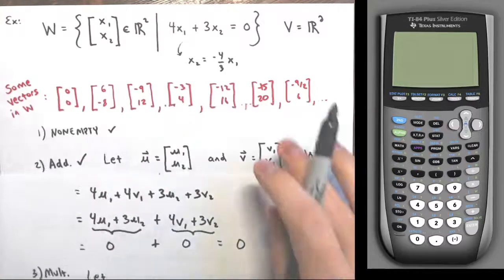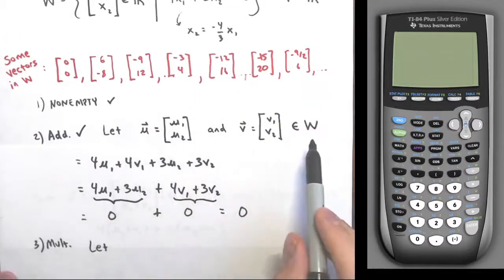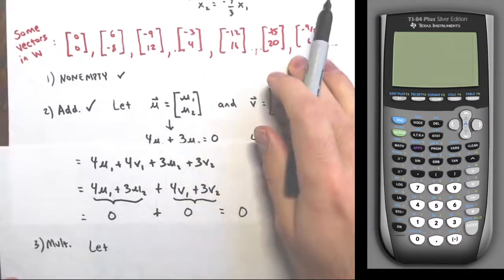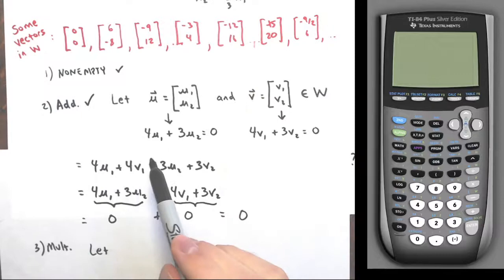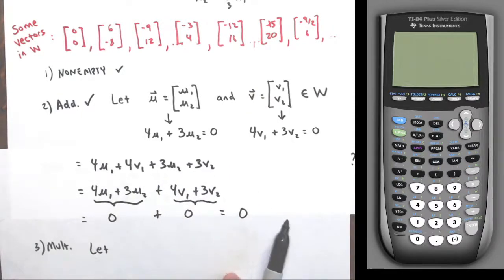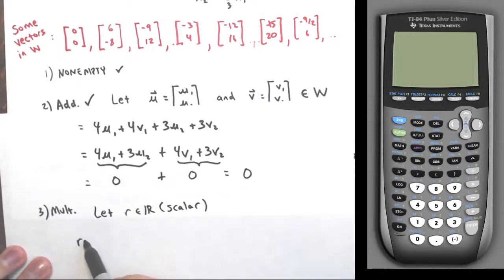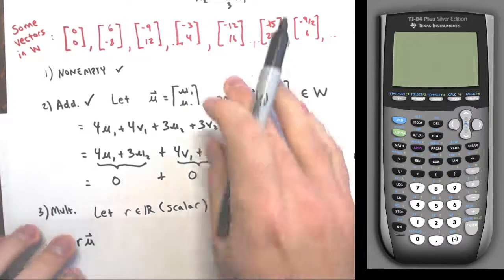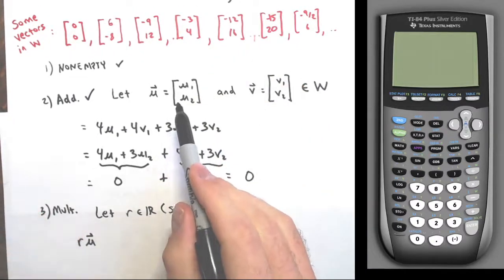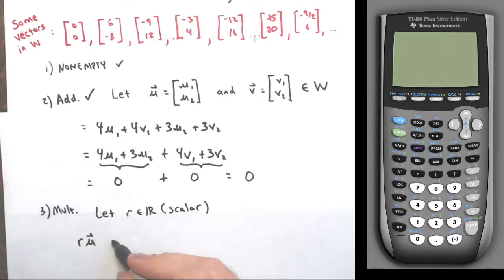So I have u and v already, right? So I have some vectors in W, which means 4u1 plus 3u2 equals 0. I'm going to let R belong to the reals, so that's any scalar. And then we're looking at R times u, right? When I take this vector u from W and multiply it by R, is it also in W?